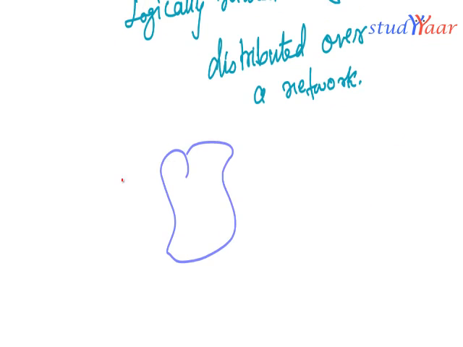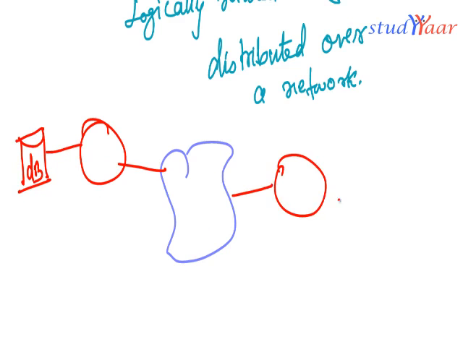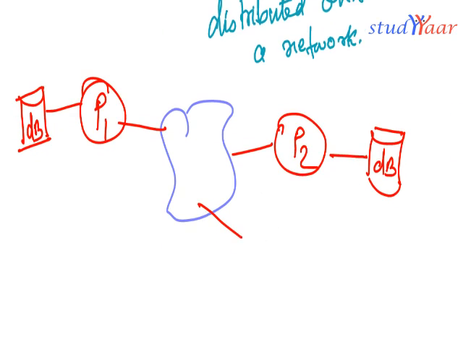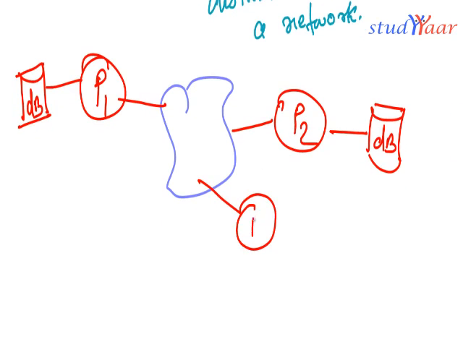So we have a distributed computing system, but along with the processing elements, I also have a database over here, which is connected to my processing element. This is what I call a distributed database system.